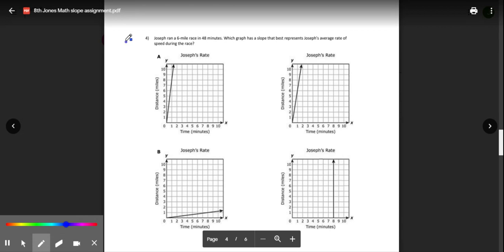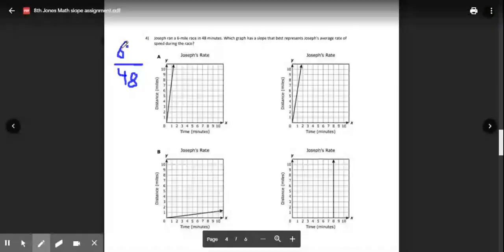So what I will do is I'm going to try this. I'm going to take 6 over 48. I'm doing this with my mouse, and it's not very easy. So I have 6 over 48. Well, that fraction right there can reduce because 6 goes into 6 and 6 goes into 48.